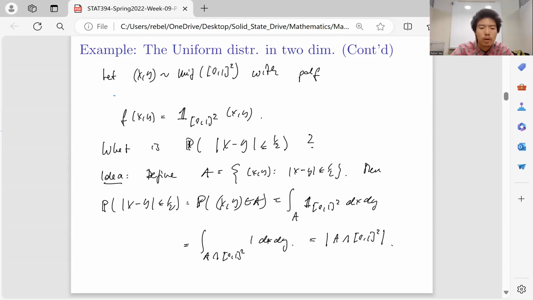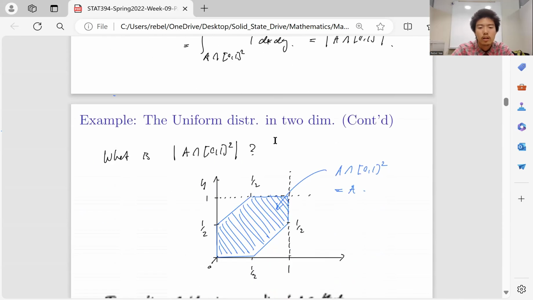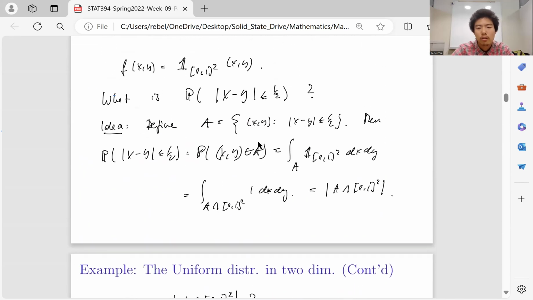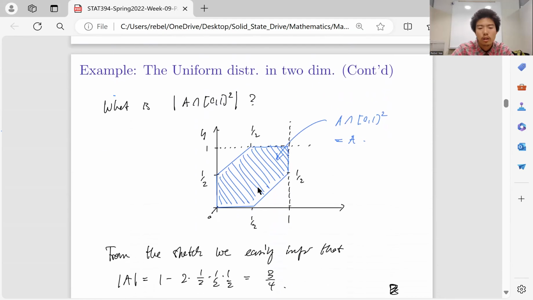And now we want to find the probability that x minus y is smaller or equal to 1 over 2. To represent this idea, we can use a geometric approach. First, we write the inequality with the absolute value: the absolute value of x minus y is smaller or equal to 1 over 2. This gives us some clues.